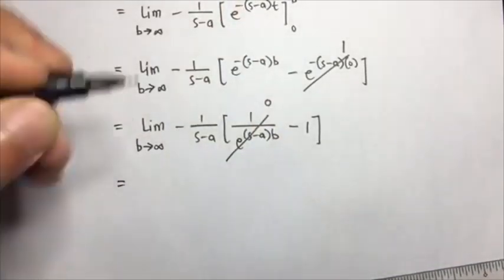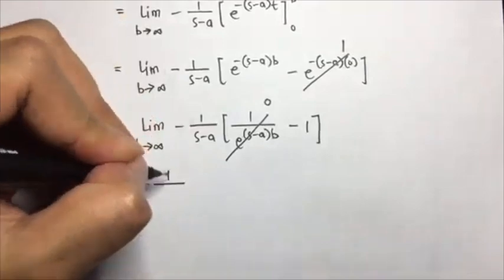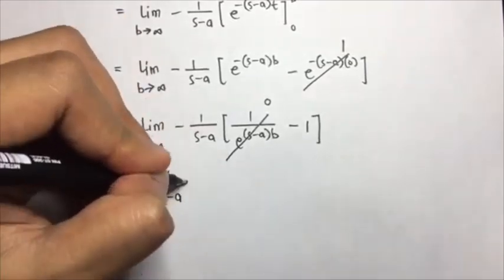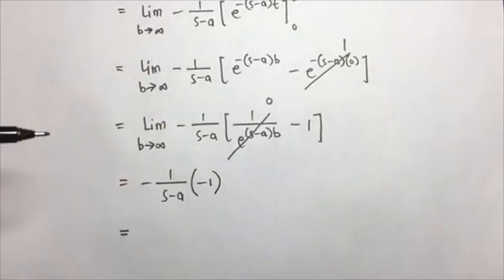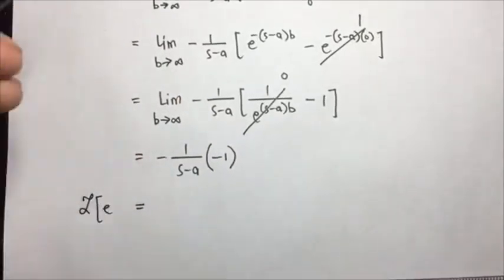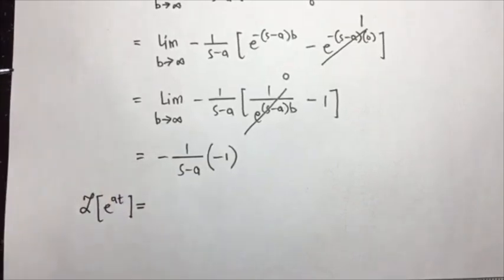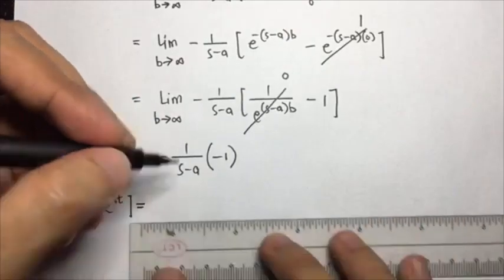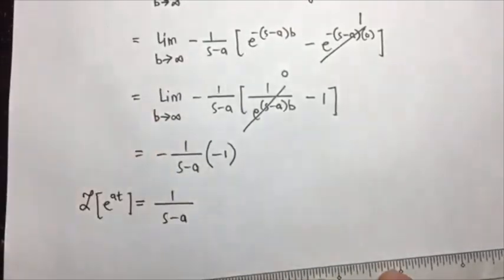So what will remain is negative 1 over s minus a times negative 1. Therefore, simplifying, the Laplace transform of e raised to at is equal to positive 1 over s minus a.